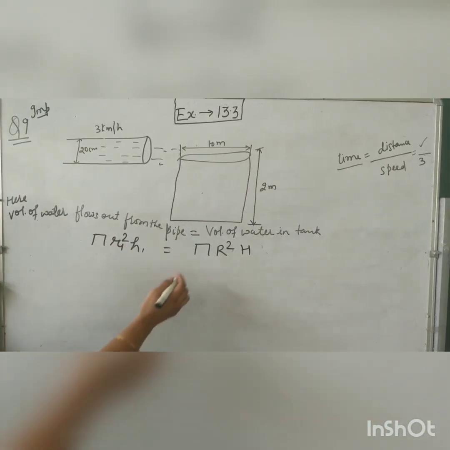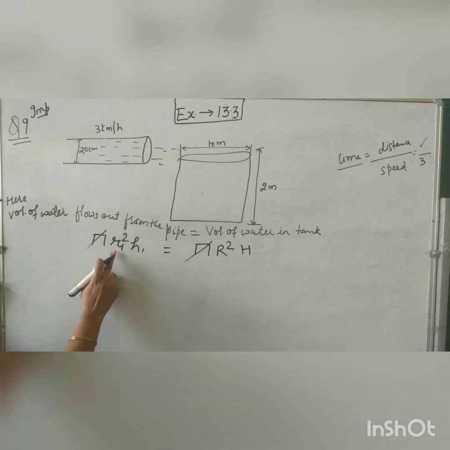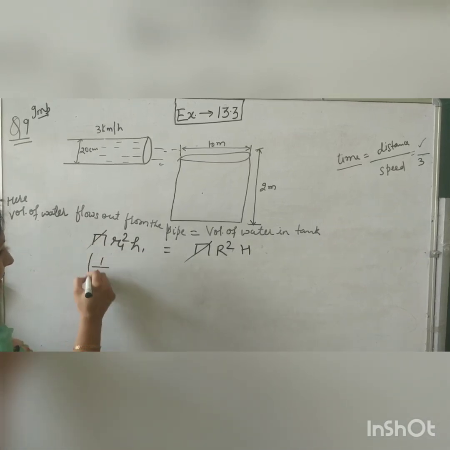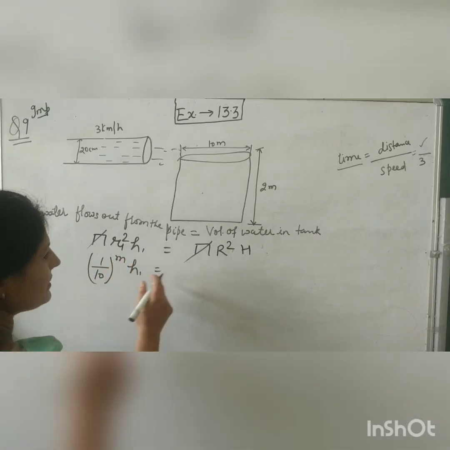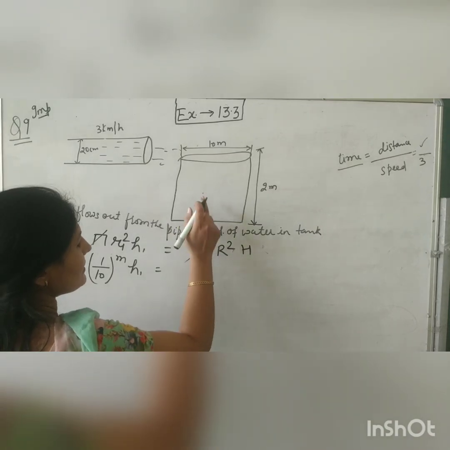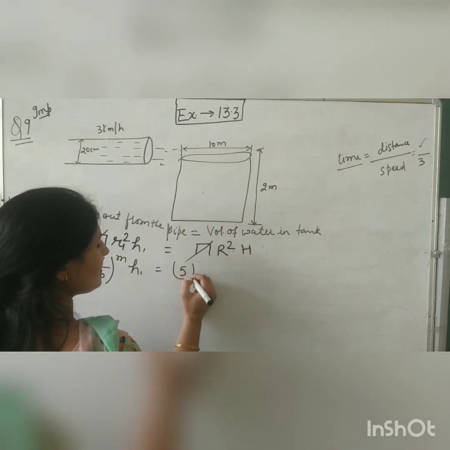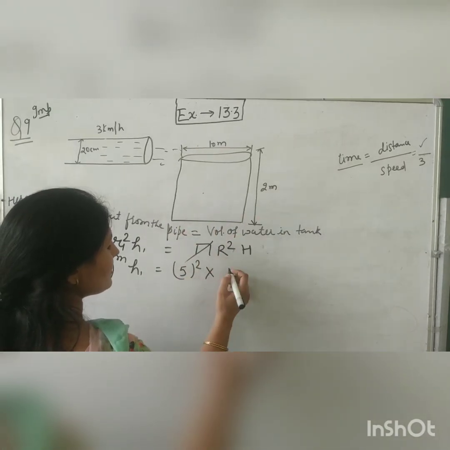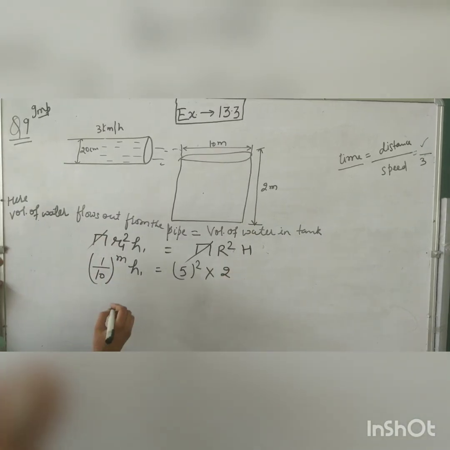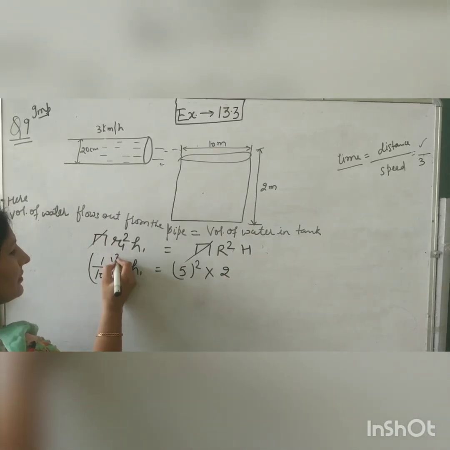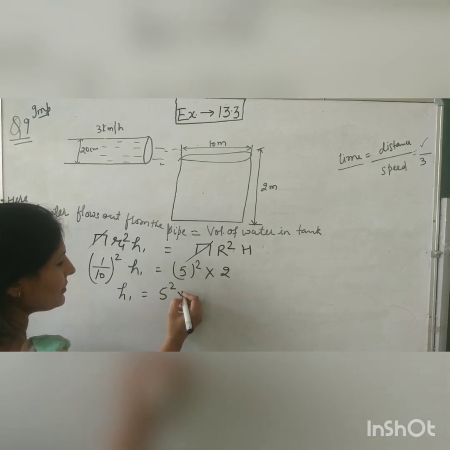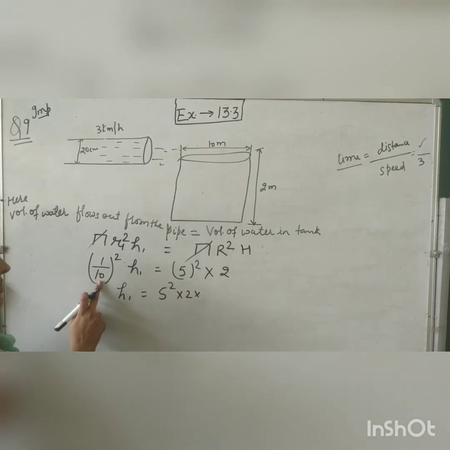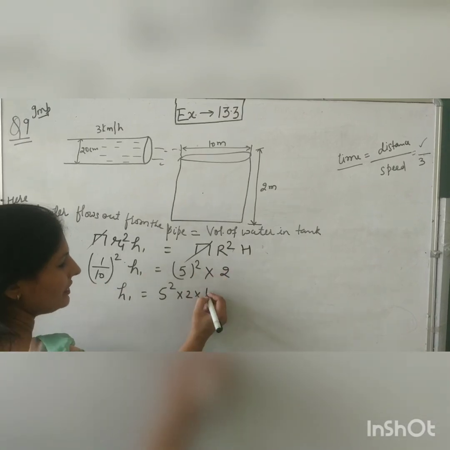Pi and pi cancelled out. Radius of pipe is 1 by 10 meter, and h1 we have to find, and radius of this cylinder is 5 meter, so it will be 5 square, and height is 2 meter. So h1 will be 5 square into 2 into 10 square. 10 square कहाँ जाएगा? न्यूमरेटर में.